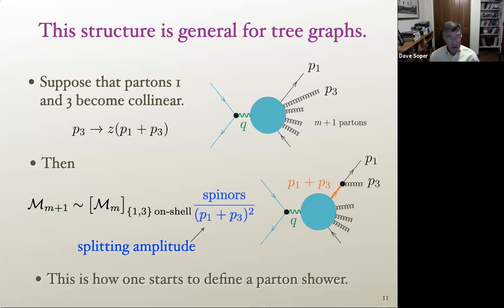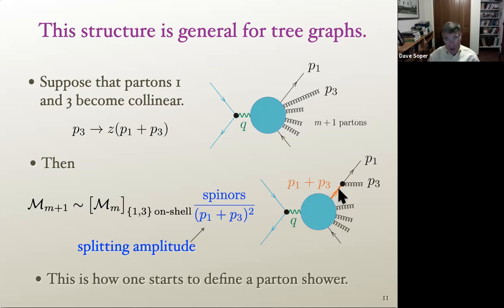So your matrix element with m plus 1 partons, where m is some number and then the 3 is the extra one, is the matrix element with m partons, so without the P3, with parton 1,3 on shell.